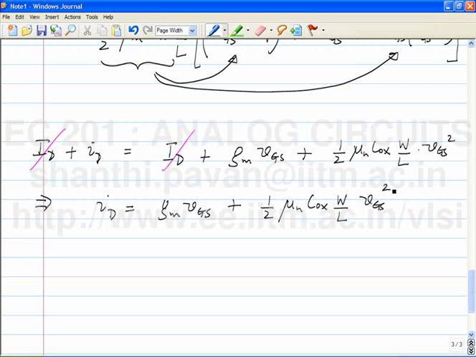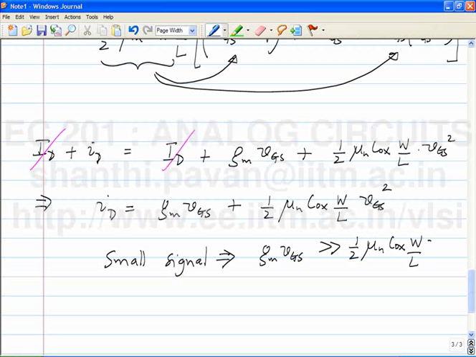Alright. So the small signal approximation is justified when, small signal means what? Which term must be much larger than which term? It means gm vgs must be much larger than 1/2 μn Cox W/L times vgs squared. Does that make sense?